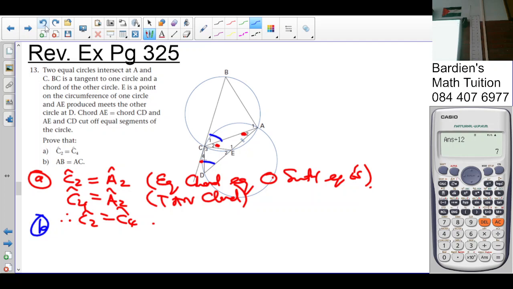Can angle B be C2? That's not tan chord. Let me see. Something I'm missing here.